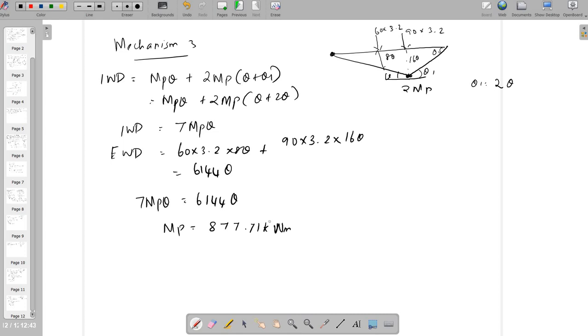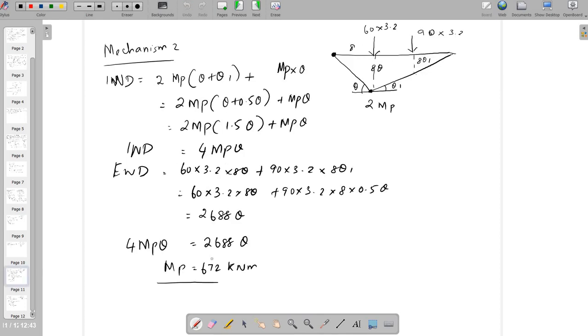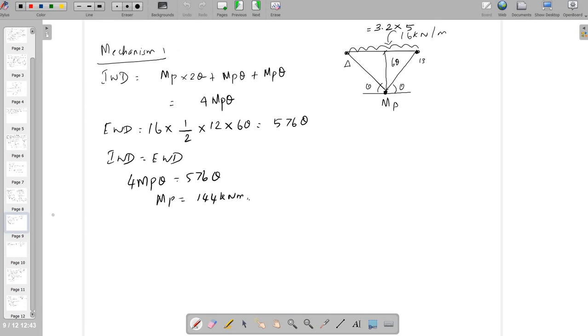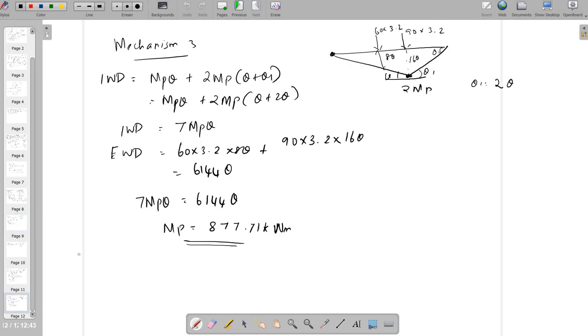For fully plastic moment, the highest value of moment is to be taken. For the collapse load, the least value should be taken. For finding the moment of resistance, the highest moment of resistance value should be taken. Here it is 877, here it is 672, 144. So under the 90 kilonewton only, it gives maximum moment of resistance.